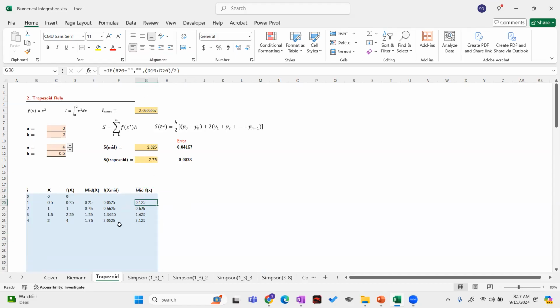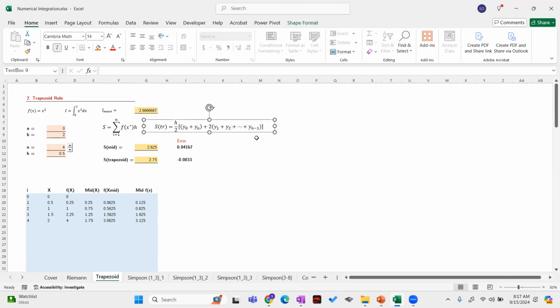So what I've done is, for the first interval 0 to 0.5, take the average of f of x, which is y0 plus y1 over 2, which is 0.125. Then for the next interval, take the average of these two, that's here, which is the height. Like that. And you can also use this formula; I have done it in a later slide, but it is the same thing.